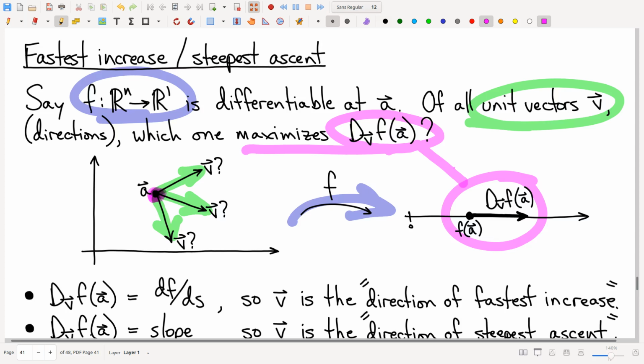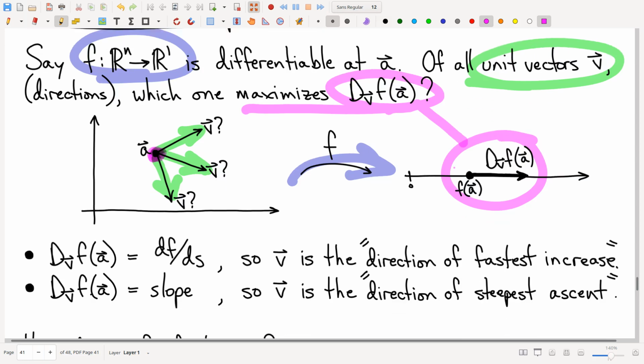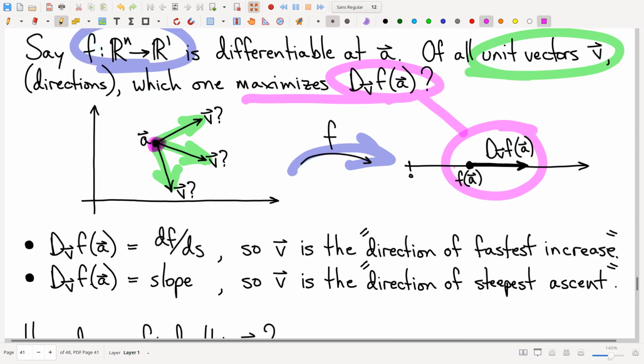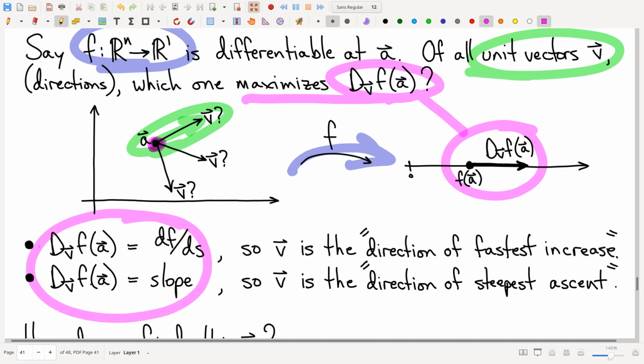Now, before I get to an answer, I want to talk a little bit about terminology. These directions, and let me go ahead and assume that I know what the answer is. Let's suppose that this is the answer. What term should I use to describe this direction? And do keep in mind that the directional derivative has different interpretations. On the one hand, directional derivatives are df/ds. How fast is the function changing? Okay. On the other hand, the directional derivative can be thought of as the slope of the graph.